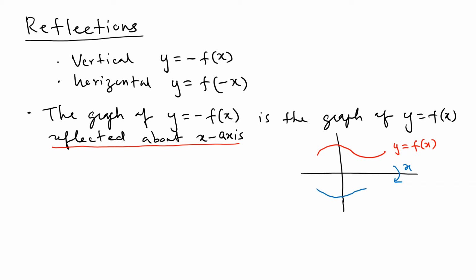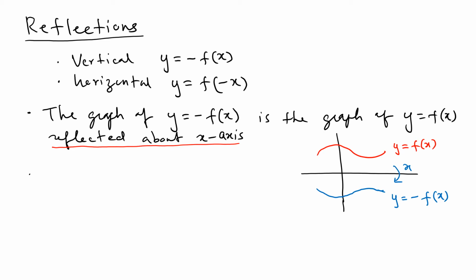So you're going to get a graph like that. That is the new graph, y equals negative f. You simply change the sign of the y values. You can see that there are no changes to the x coordinates. It's only the y coordinates. Good, that's the first one.